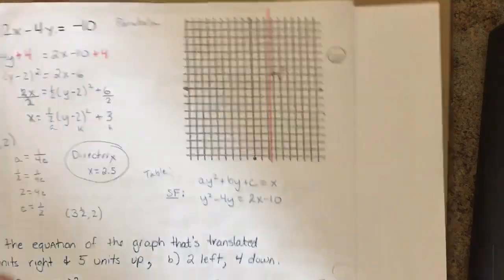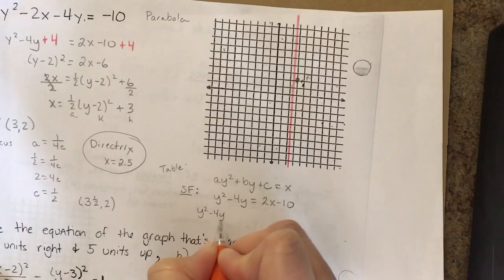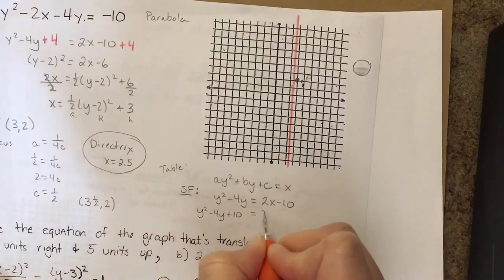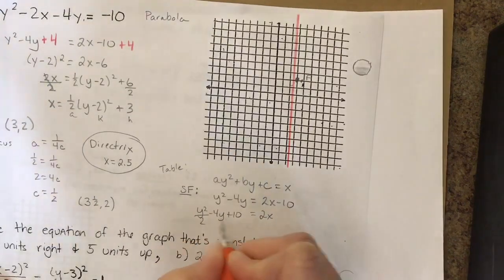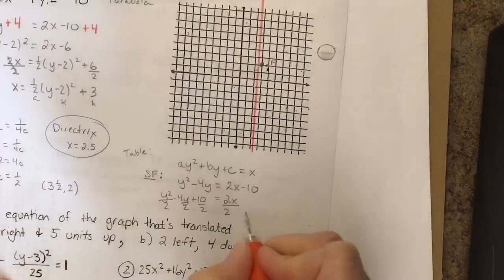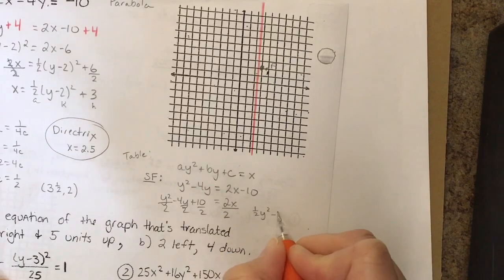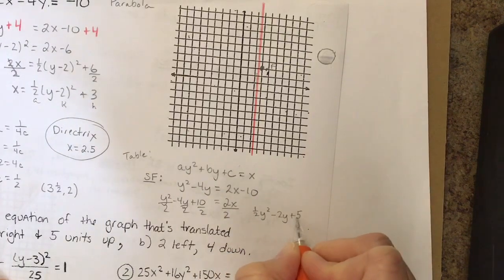Okay. Now what? Add 10, and then divide everything by 2. So standard form will be 1/2 y squared minus 2y plus 5 equals x.